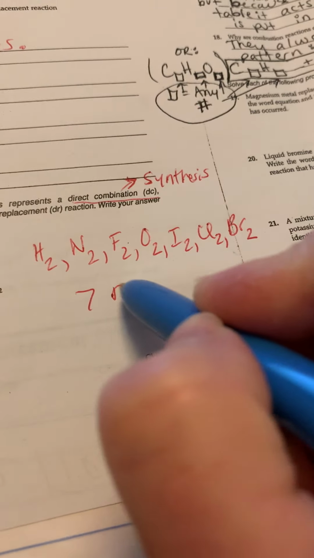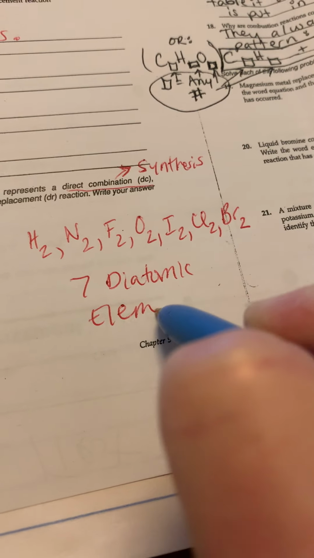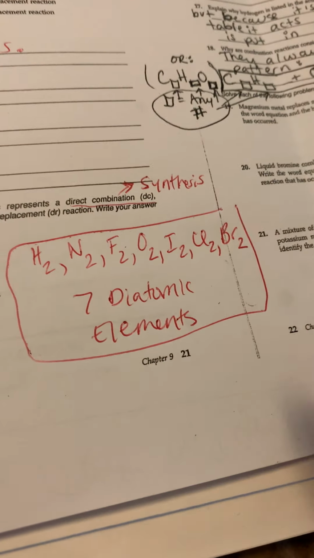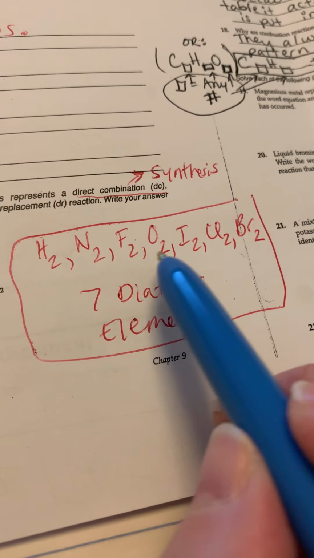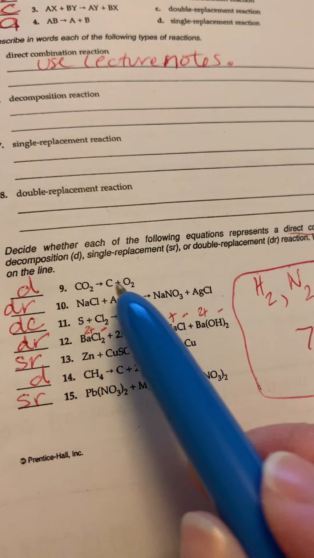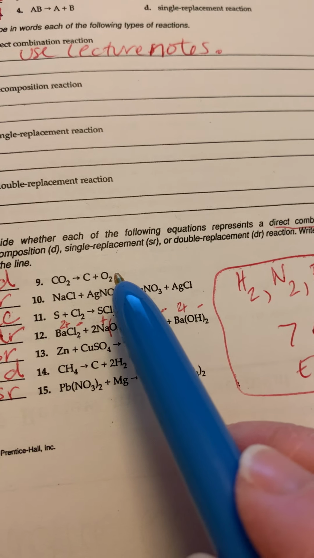These are the 7 diatomic elements that can never be written by themselves. You have to roll through those in your brain whenever you're doing any reaction writing like they're doing here. Notice they did that. So you'll look and you'll notice that when you have a single element like O, it was one of the 7. So you never write it as O by itself, it's O2.